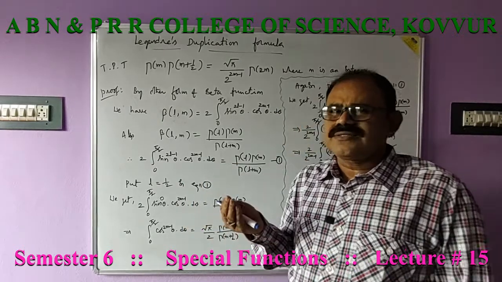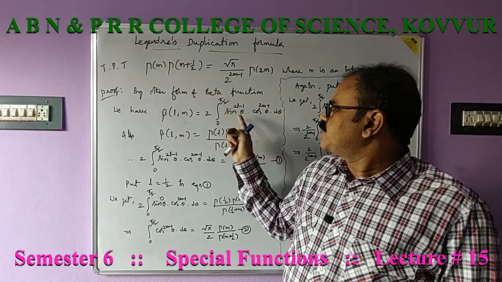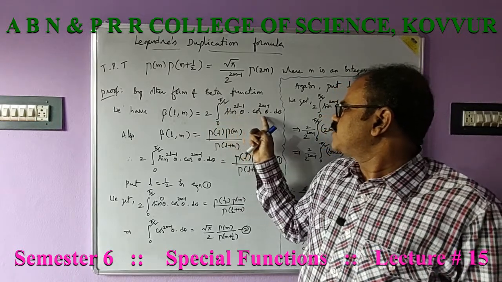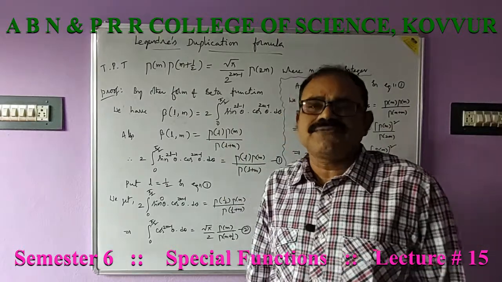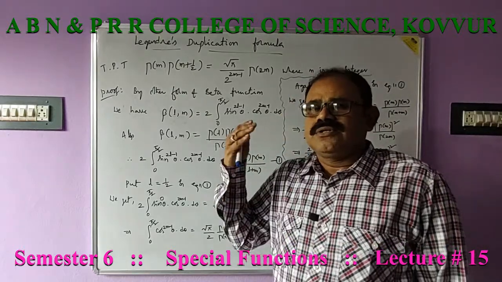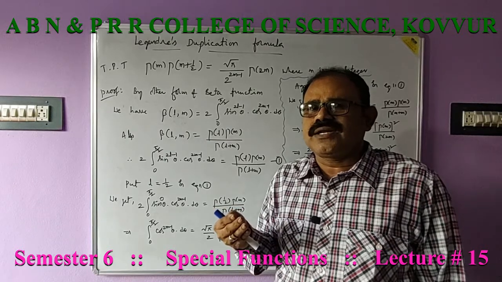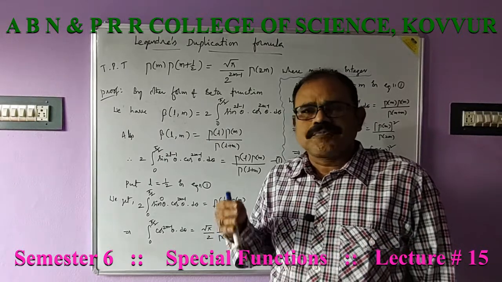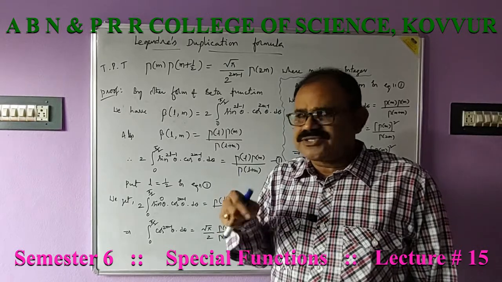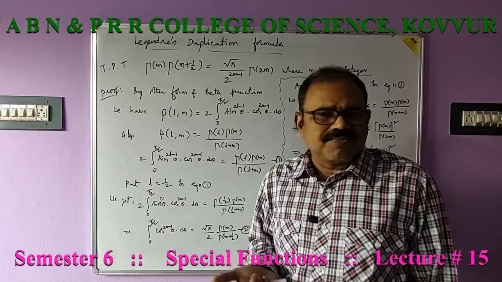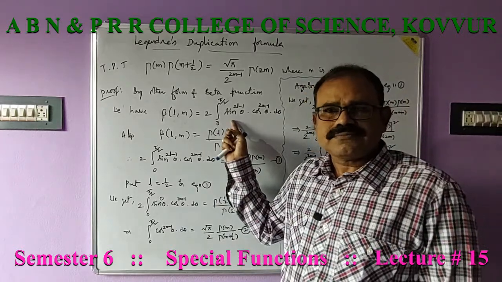Another form is beta l m is equal to 2 into integral 0 to pi by 2 sin to the power of 2l minus 1 theta cos to the power of 2m minus 1 theta d theta. This is another form of beta function. In the standard beta function, beta l m is equal to integral 0 to 1 x power l minus 1 into 1 minus x whole to the power of m minus 1 dx, if we take x is equal to sin square theta and simplify, we get this other form of beta.